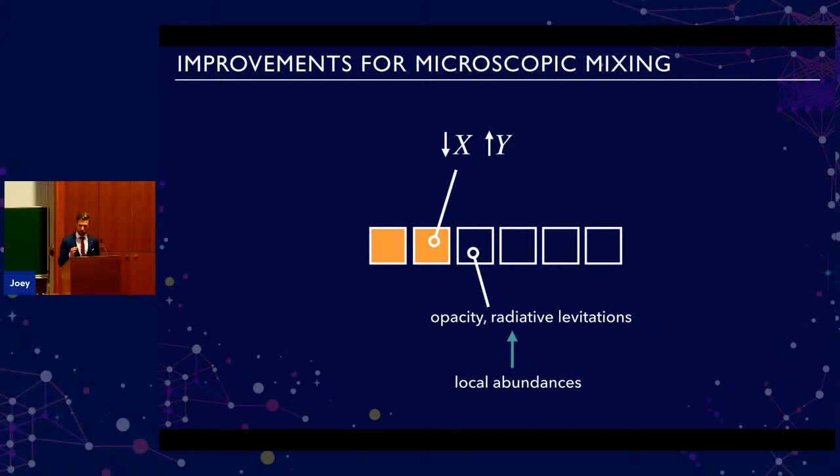To compute your opacity, it depends on these different fractions of the metals. So if you have no microscopic diffusion, you can have some pre-computed tables for this and then interpolate. But now if you have microscopic mixing, this is no longer true.